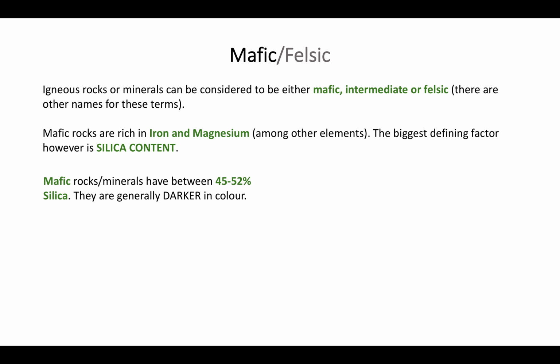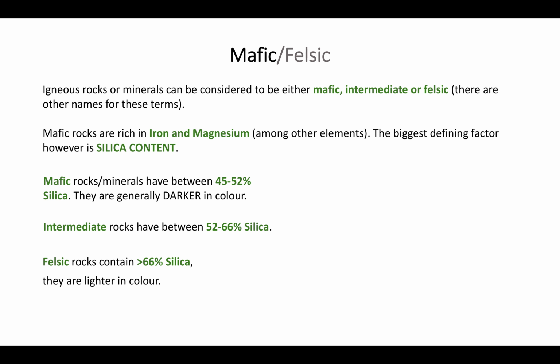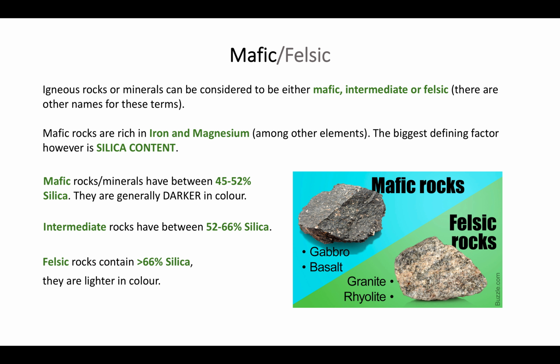So mafic rocks have between 45 and 52% silica. Intermediate rocks have between 52 and 66% silica, and felsic rocks contain over 66% silica. Another thing to note is that if you look at mafic rocks in the field or in your hand specimens, you'll notice they're generally a lot darker than felsic rocks, so that's a good way to tell them apart.